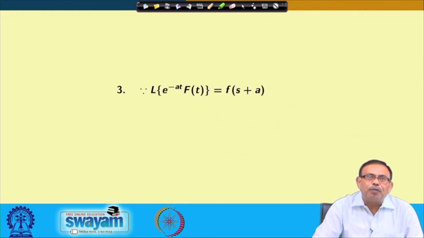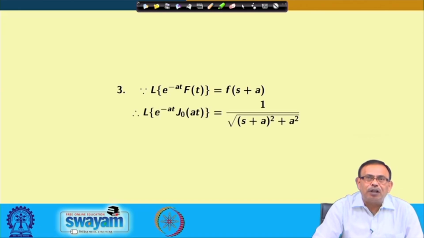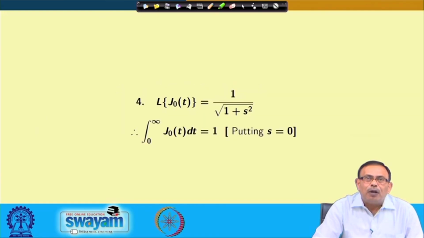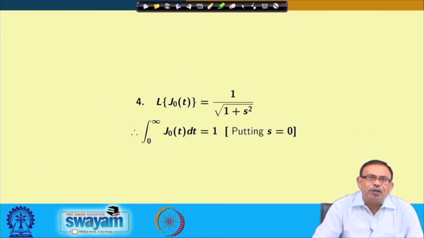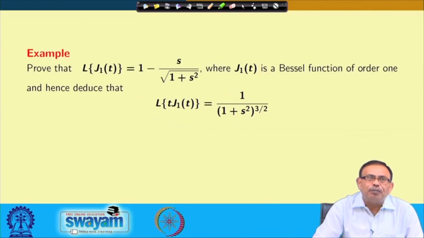In the third problem, we found the Laplace transform of e power minus at into J0(at). Then in the fourth, we found the integral from 0 to infinity of J0(t) dt, which equals 1, directly shown from the theorem.